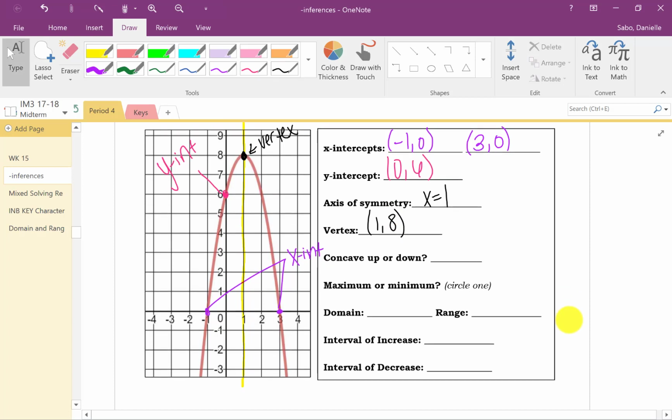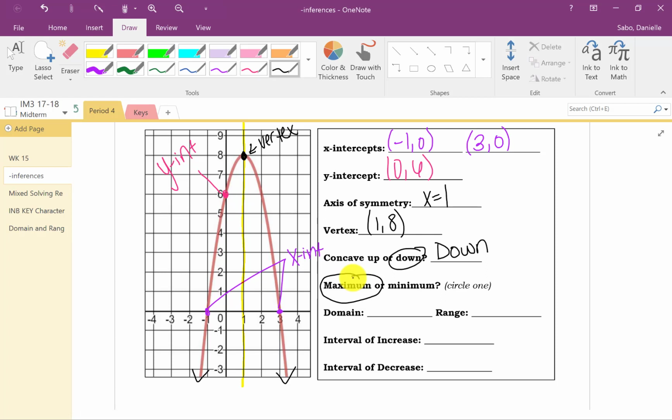The next question, concave up or down. This one should be easy. If you look at the arrows here, looks like we are going down. We kind of talked about this a little bit earlier, but we do have a maximum because there are no points above the value of 8 that exist on this red function. That's why we have a max.